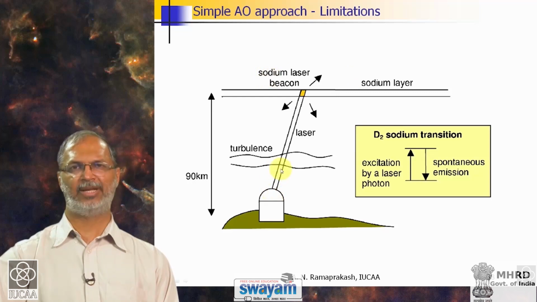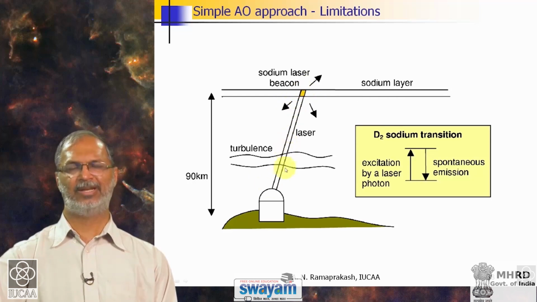So, if you shoot a laser which is tuned to a sodium transition, this laser beam will be absorbed by this layer in the atmosphere, and this will become an artificial star there, because that becomes a spot where there is fluorescence, and the radiation will travel back from that spot as an artificial star.